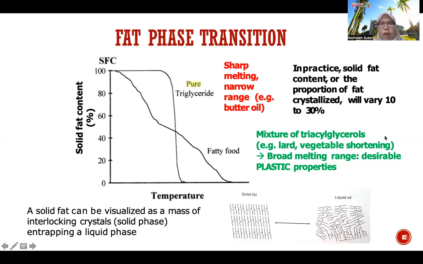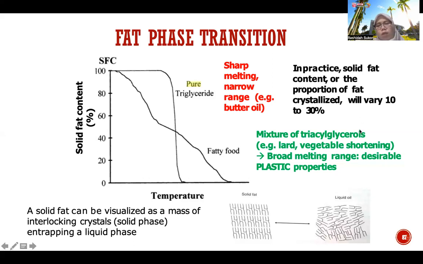Vegetable shortening will have almost the same properties as lard in terms of making the pie crust's crispiness and also the taste. But you know that fat also contributes to the taste. It means the higher the fat, the better the taste will be.